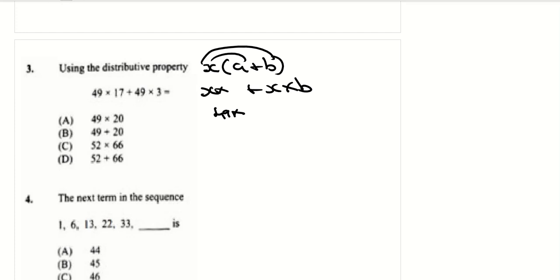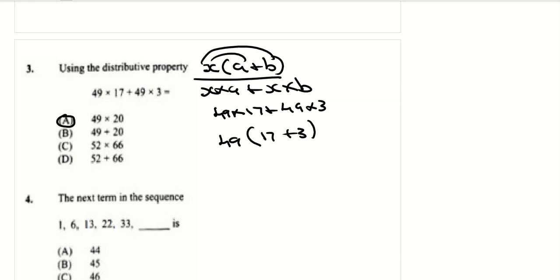X by A. So 49 by 17 plus 49 by 3. If we compare these, you can see that X is 49, A is 17, B is 3, right? You put it back into this. That is 49 and 17 plus 3 is 20, so it's 49 by 20, which is E.